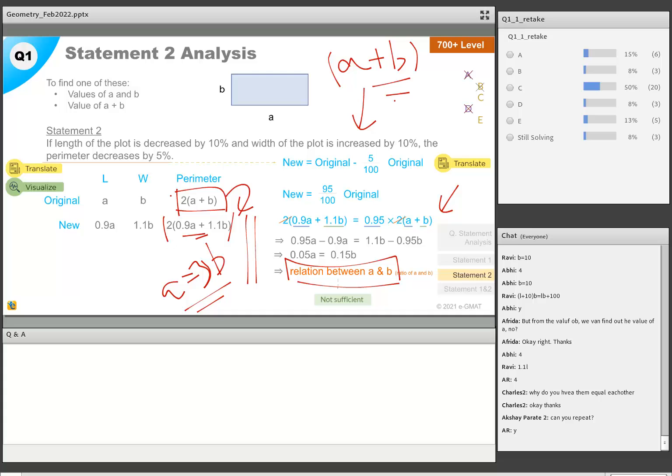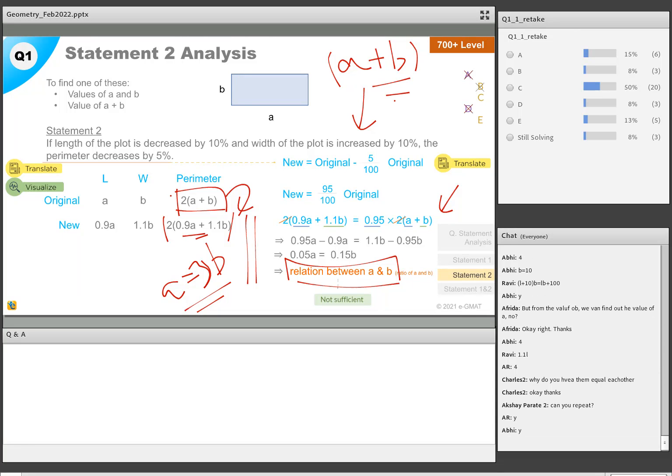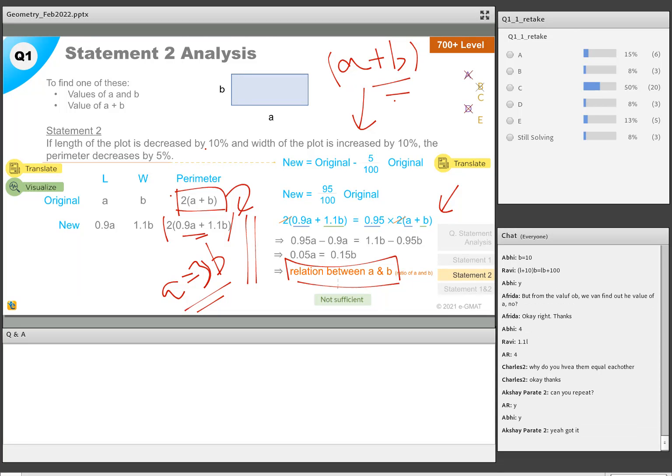Akshay, even for you, think about what we just saw, right? Length of the plot decreases by 10%, 0.9a. Width of the plot increases by 10%, 1.1b. So therefore the new perimeter is 2 into L plus B, right? So here that is 2 into 0.9a plus 1.1b. Old perimeter is 2 into a plus b. What do I know about the relationship between perimeters?